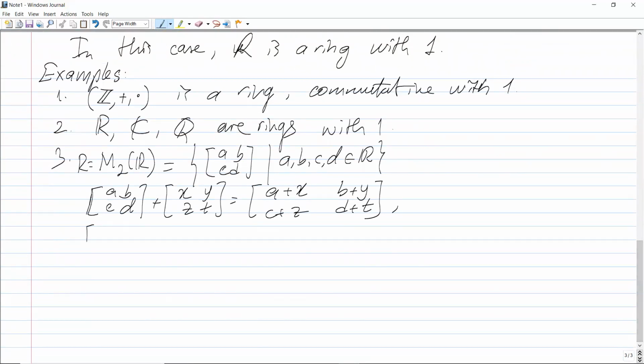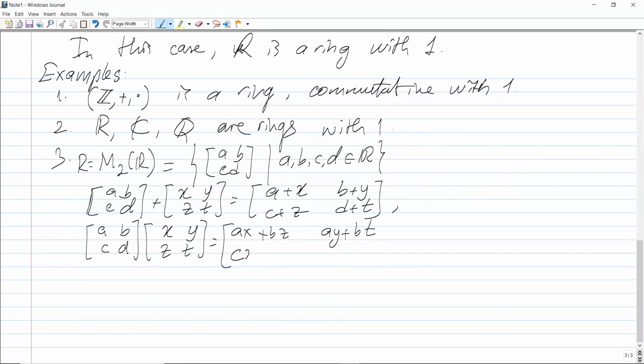And the multiplication, I define like this. For (a, b, c, d) and (x, y, z, t), we define the multiplication as (ax plus bz, ay plus bt, cx plus dz, cy plus dt).